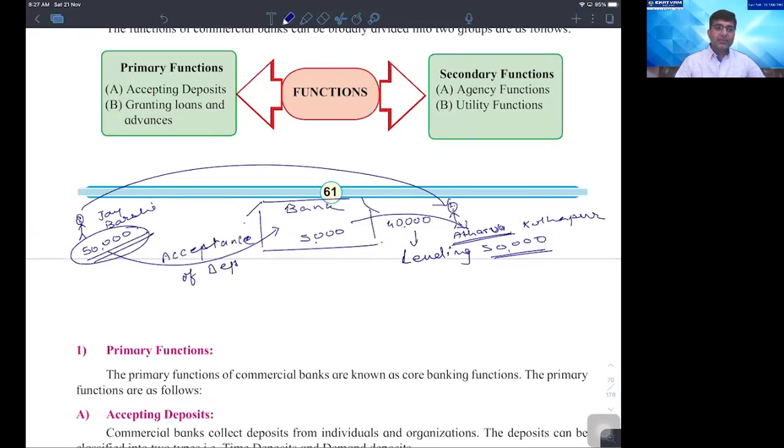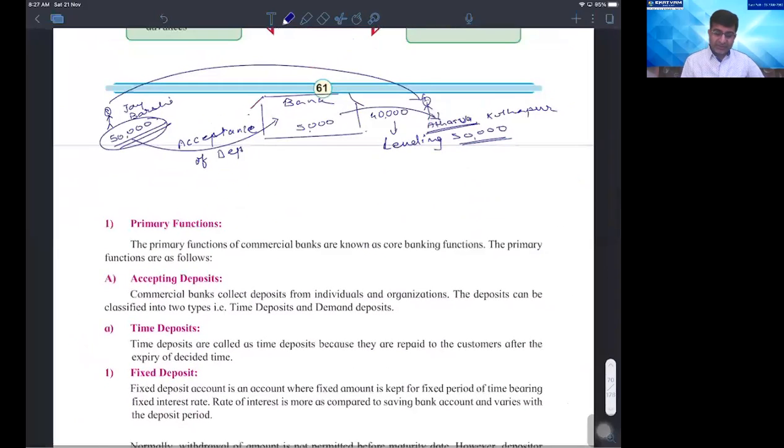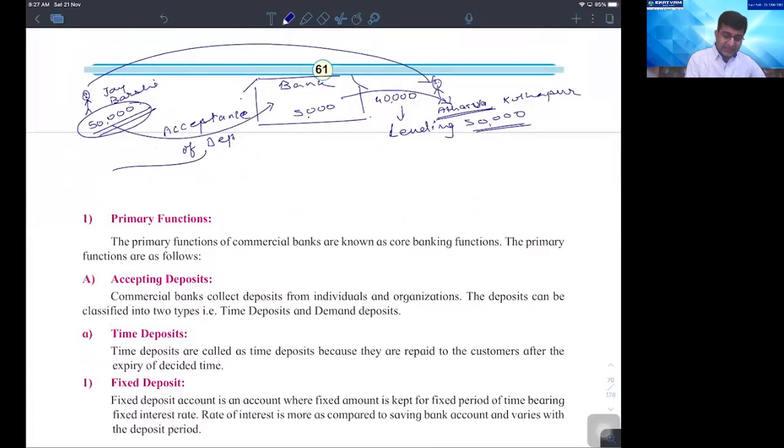These two become the most prominent and important functions of a bank. Now, within this, for the acceptance of deposits, the bank can accept term deposits, or the bank can accept demand deposits.